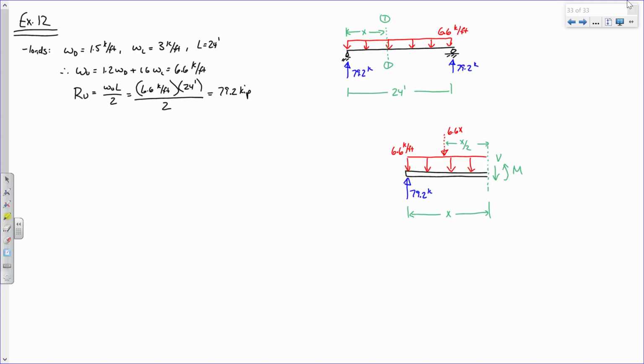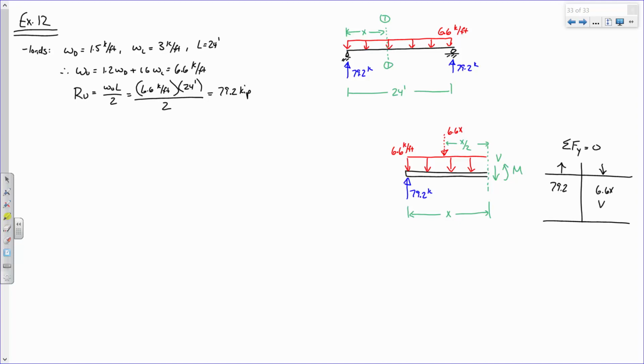Now, if I want to determine V, what do I do? I sum forces in the y direction. Right? And so I got 79.2 going up, 6.6x going down, V going down.